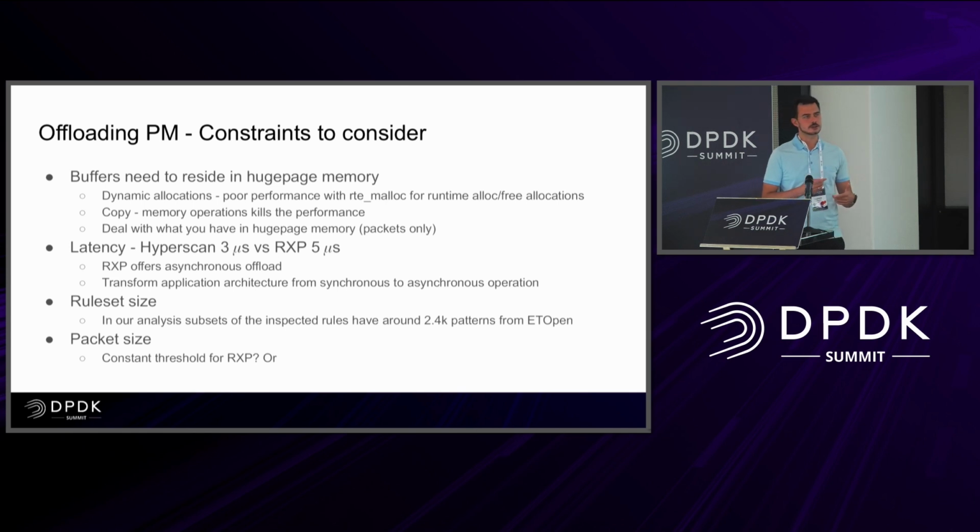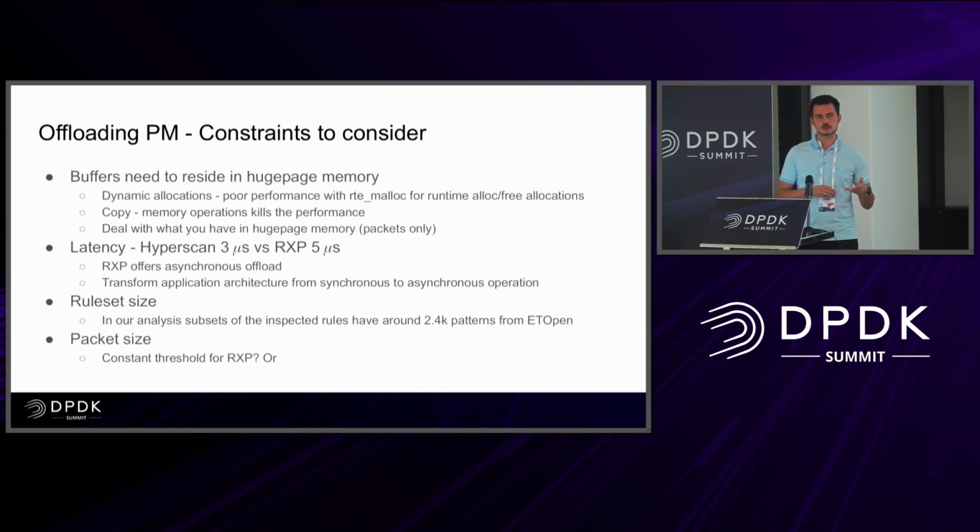When I just converted it naively to RTE malloc, I found out that RTE malloc isn't very good at dynamic allocations that you do at runtime. So that failed. You can also copy the desired memory to be inspected to the huge page memory just before you send it to the RXP, but basically this copy operation was too heavy.